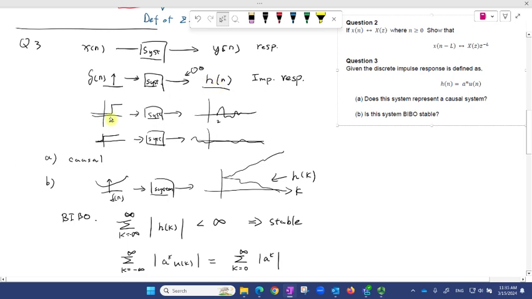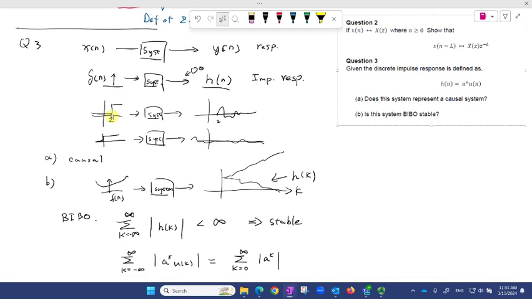And what is a causal system? If you have an input or step change at time 2, all the response only happens after that time, after t equal to 2. There's nothing before that because there's no stimulus or trigger in the system.